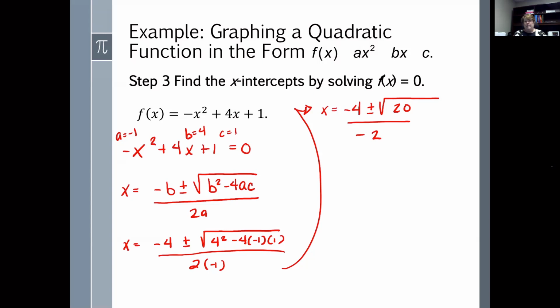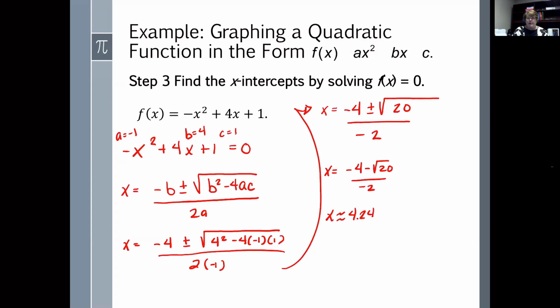So I think that the best thing for me to do at this point is take my calculator out and get 2 decimal approximations to this. So the first decimal approximation would be found by taking -4 minus the square root of 20 and dividing that by -2. So take your calculator out and do that calculation, and I get 4.24 approximately.